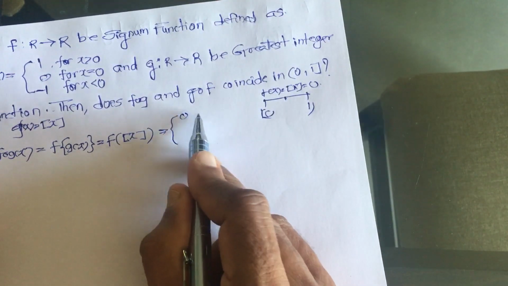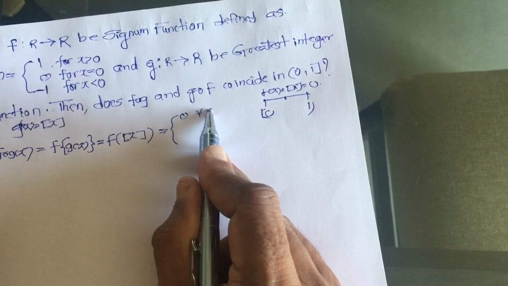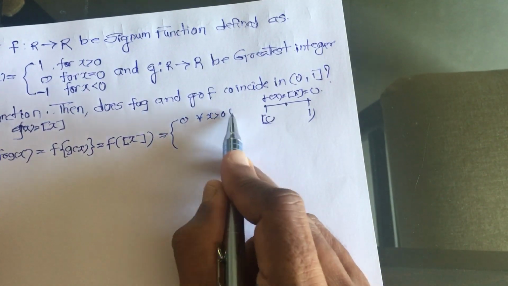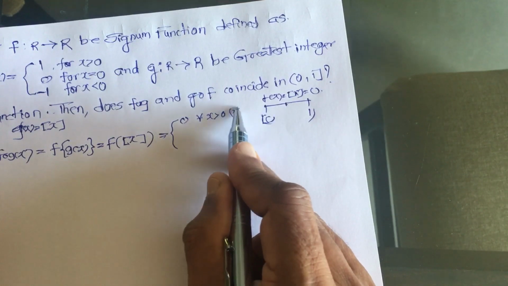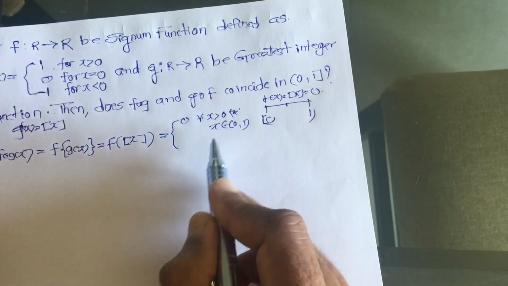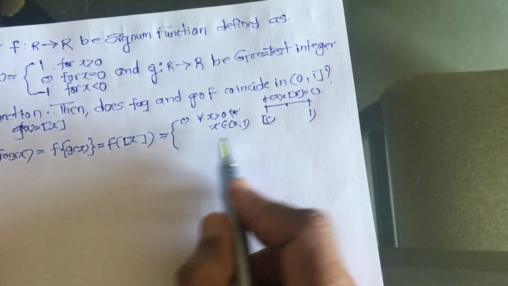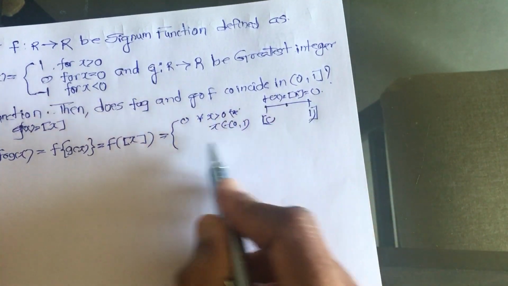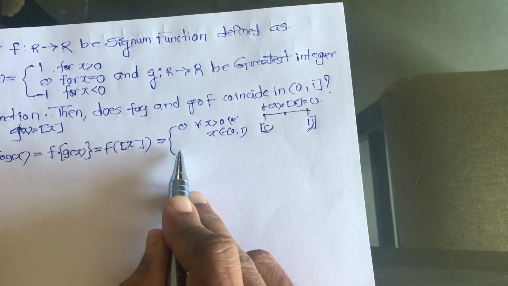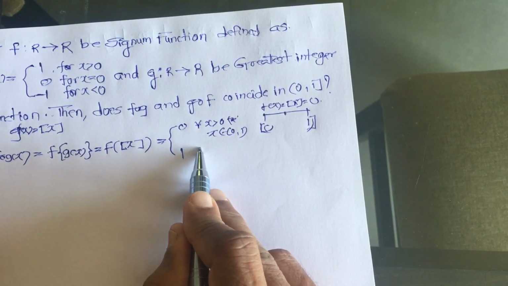So, I write 0 for all x in the interval 0 1, and when x is exactly 1 it is square bracket 1, which is 1.